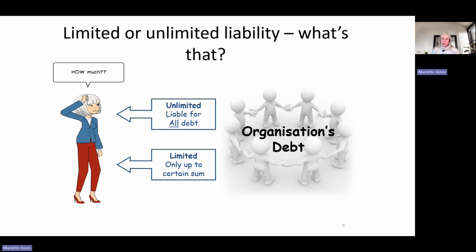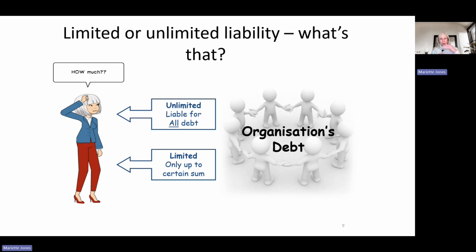Liability is one of the most crucial features distinguishing partnerships from companies. Where you have unlimited liability, it means that you are potentially liable for all of the debt of the organization. And this is what we have in partnerships. Whereas when we have limited liability, your liability is limited only up to a certain sum and no more.